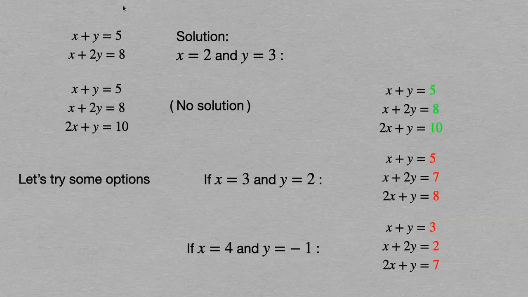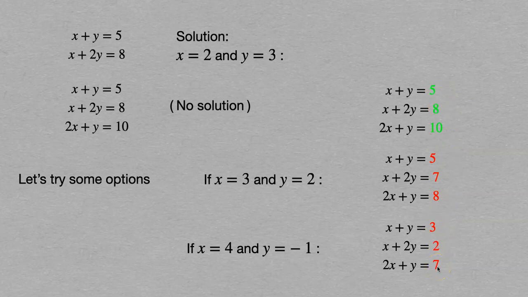So our system of equations was trying to get x plus y equals 5, x plus 2y equals 8, 2x plus y equals 10. Now we know it's not possible. But if I look at these two results I have here, I think everybody would agree that 5, 7, 8 is better, if you compare it to 5, 8, 10, than 3, 2, 7.